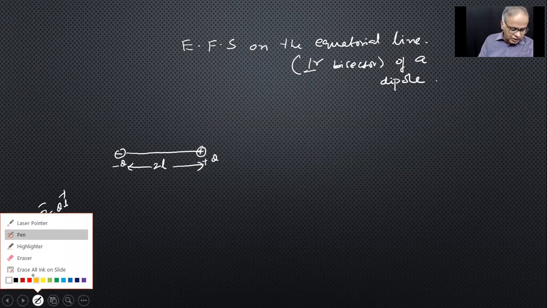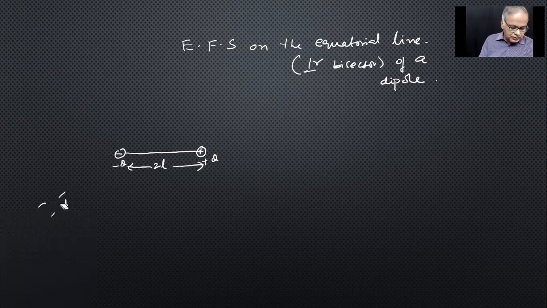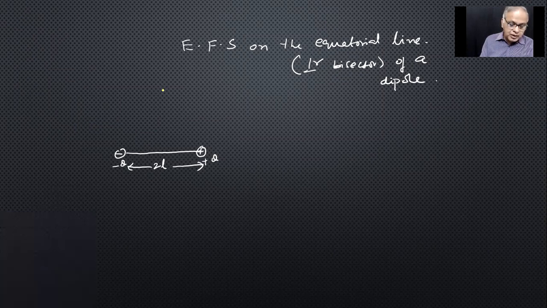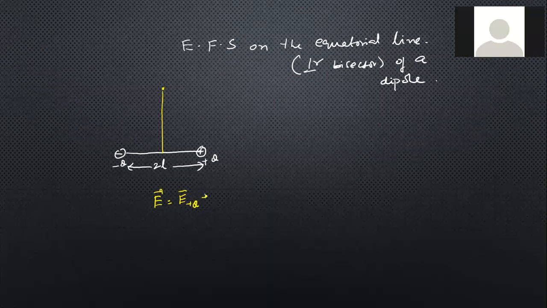Whether you take L or 2L, it is finally the distance between the charges. Now, what is this equatorial line? A perpendicular bisector, I told you. At this point, what is E? Once again, as usual, E is the vector sum of plus q and minus q.